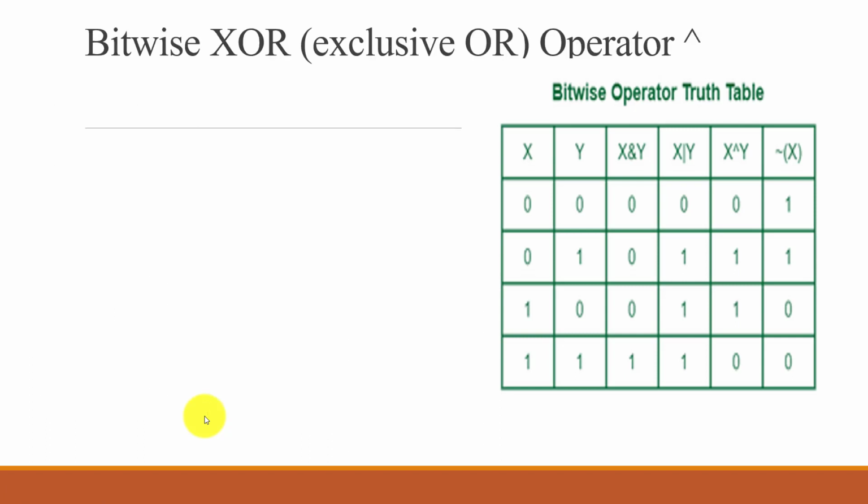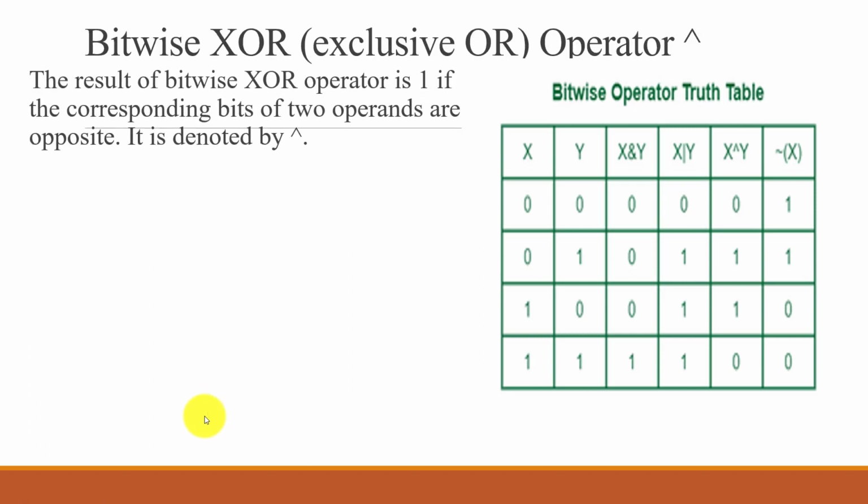Now let's understand the next operation, bitwise XOR. In this table you can observe that XOR gives 1 if the corresponding bits of the two operands are opposite. If we have opposite bits, 0 1 or 1 0, we get 1 as the XOR result. Otherwise, if the inputs are the same, we get 0.